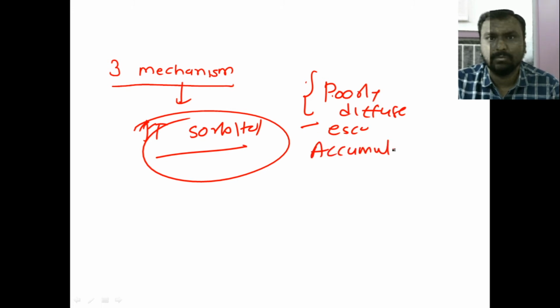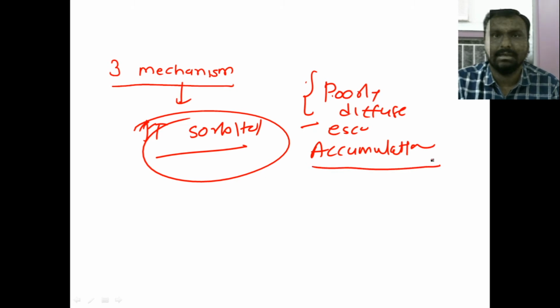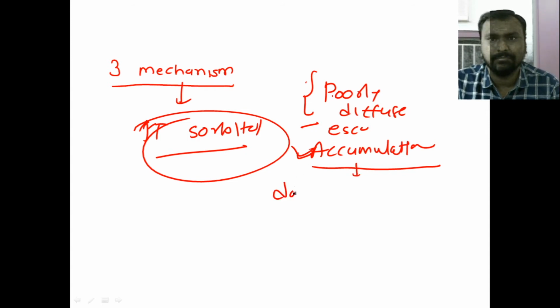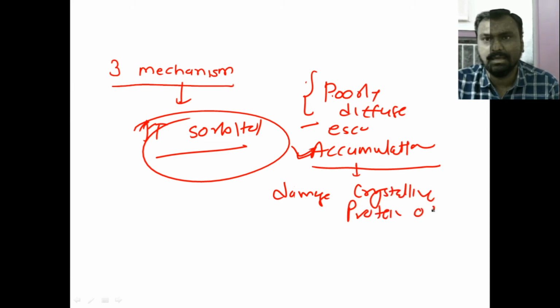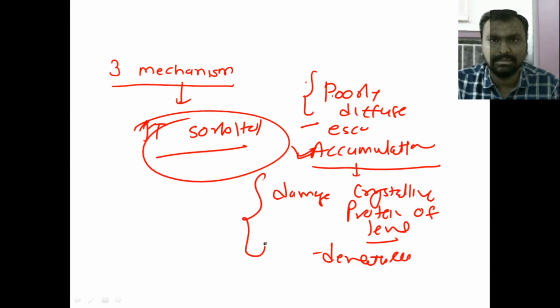Excessive accumulation of sorbitol, an osmotically active agent, will draw water in and lead to damage to the crystalline protein of the lens. It will lead to denaturation and protein aggregation, so it will damage the lens.